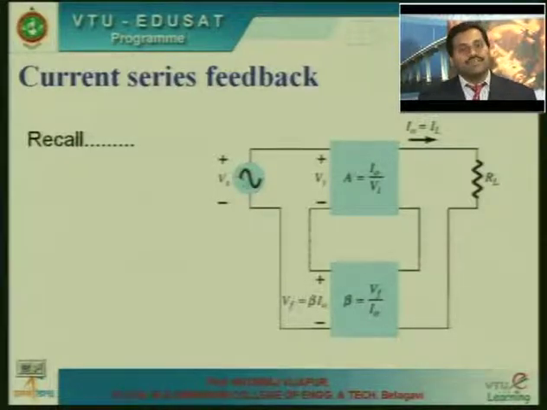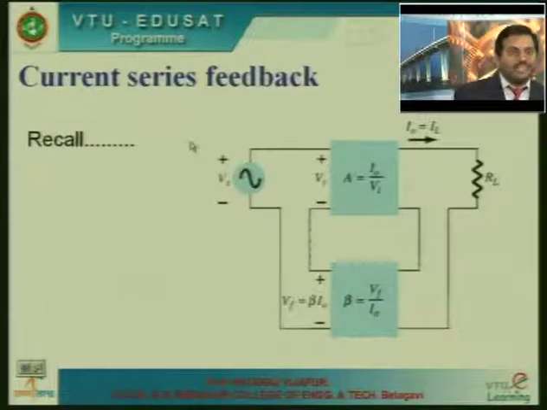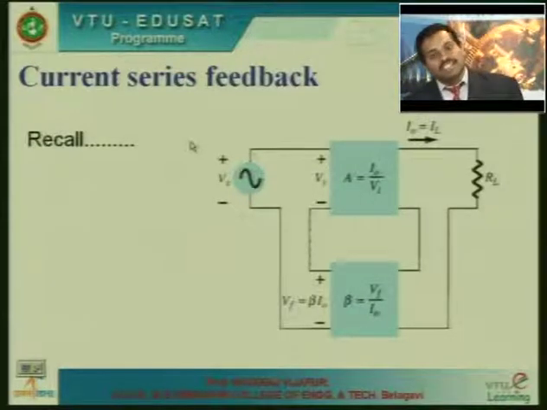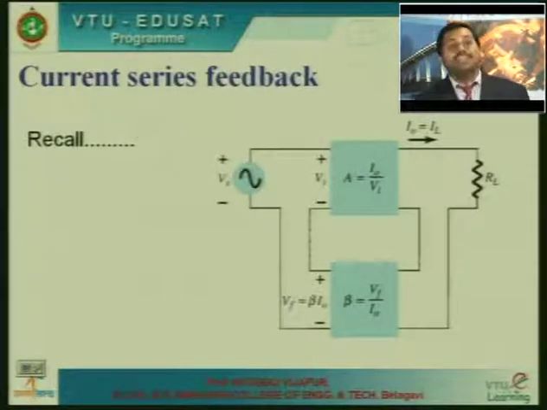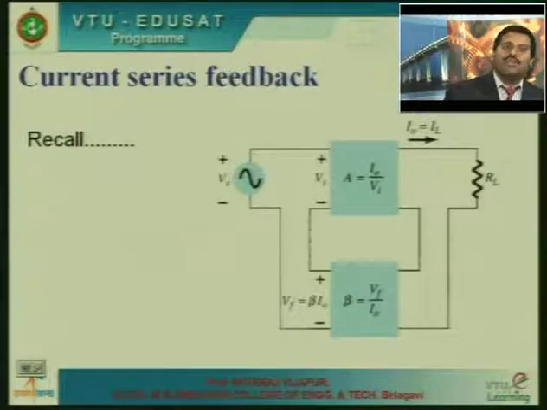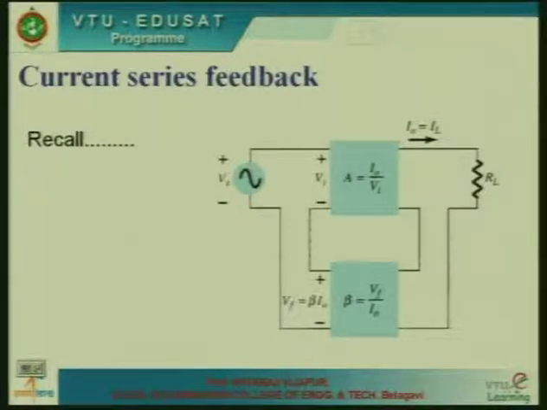This is mixed in series with the input voltage Vs, so it generates a voltage Vi. So this is about current series feedback topology, which we have discussed. Let us continue further and look at one practical circuit which makes use of this current series feedback.